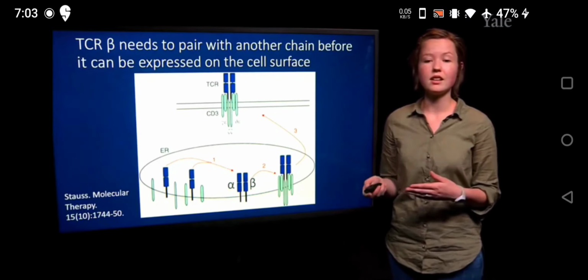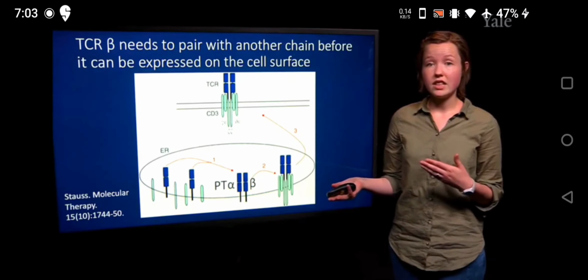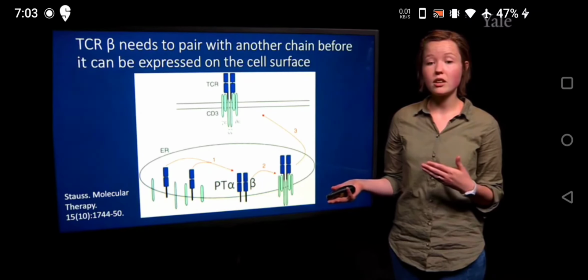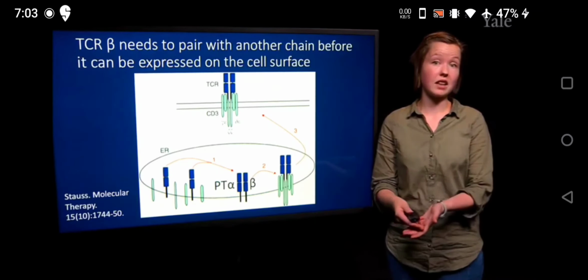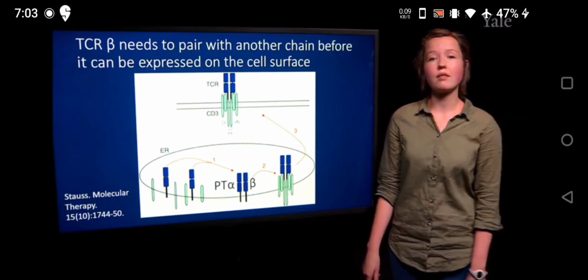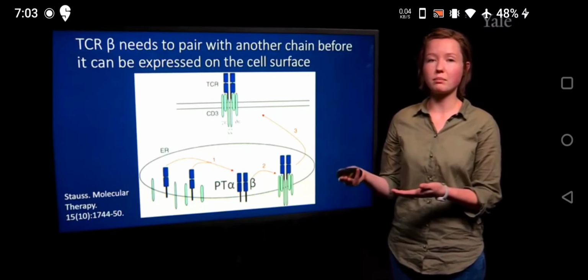This process in this particular DN3 stage is very similar, but instead of the alpha receptor, because the alpha receptor has not yet been recombined, we have this pre-T alpha, which is the pre-T cell receptor.